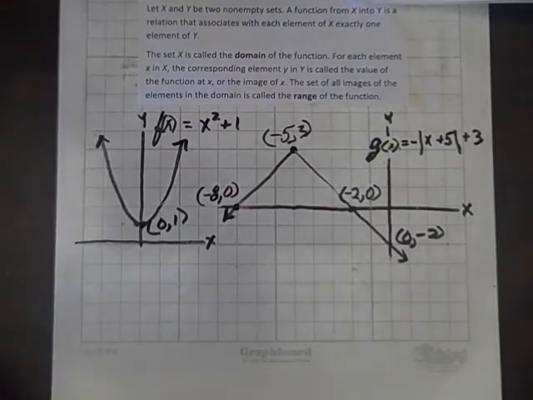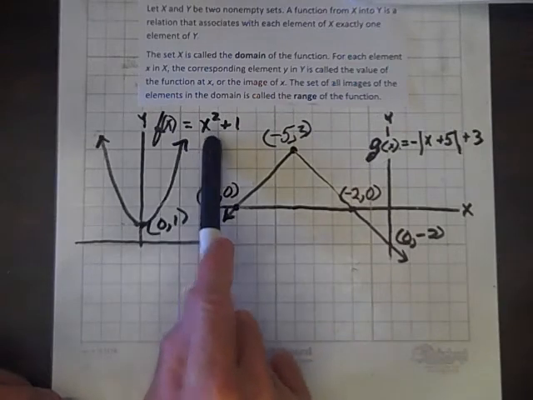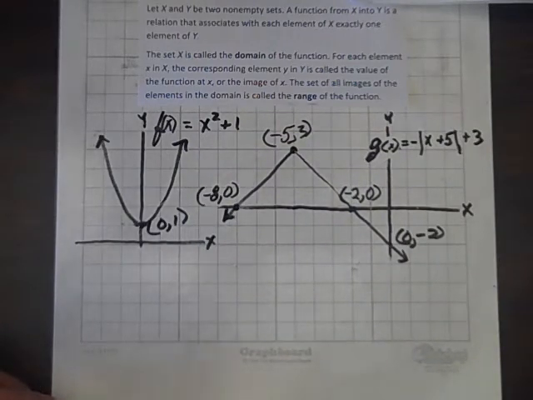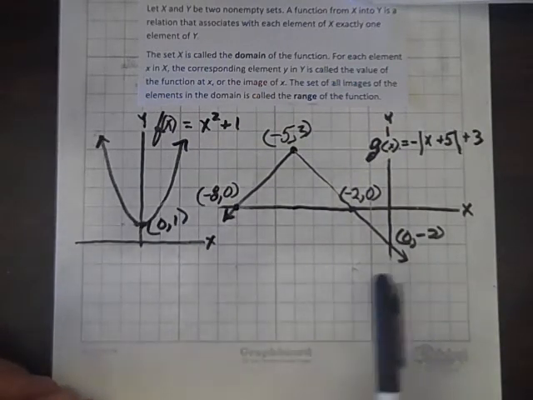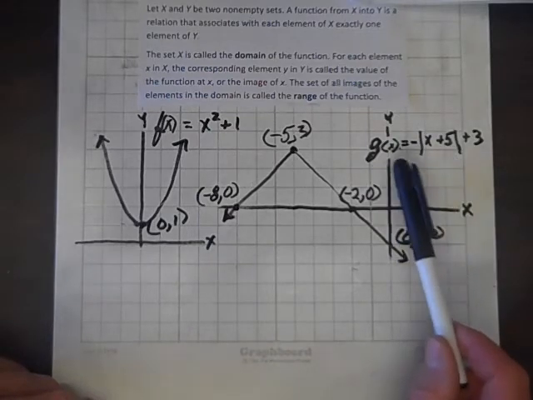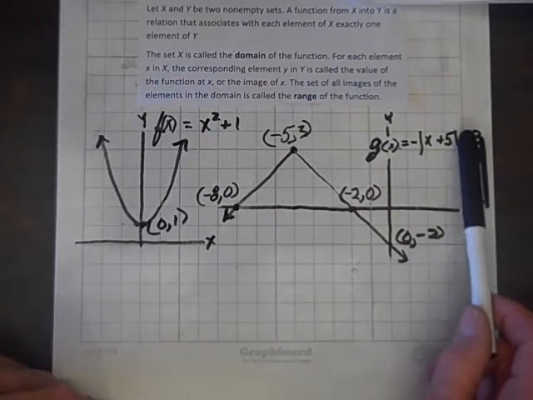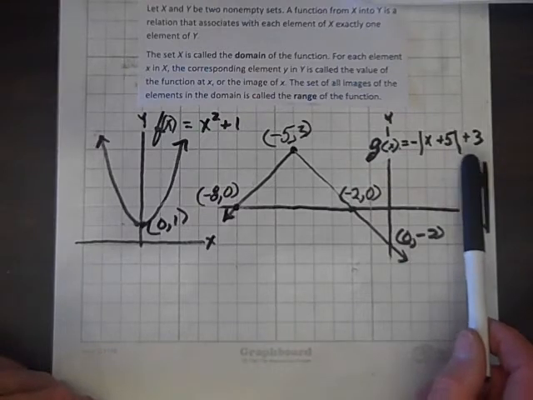Finally, we have two functions about which we must find the range. The first is a quadratic function, f of x equals x squared plus 1. The second is an absolute value function, g of x equals negative the absolute value of the quantity x plus 5, close the absolute value, plus 3.